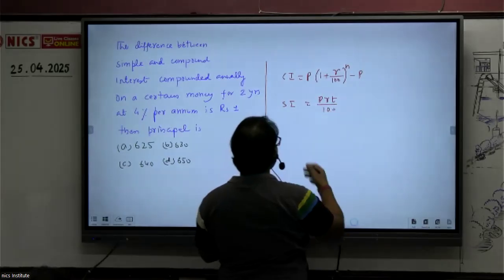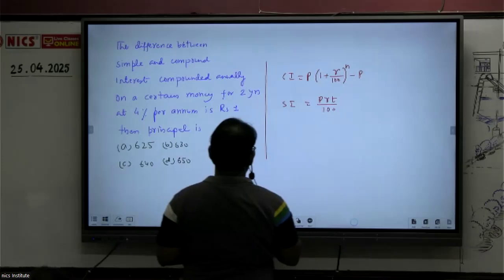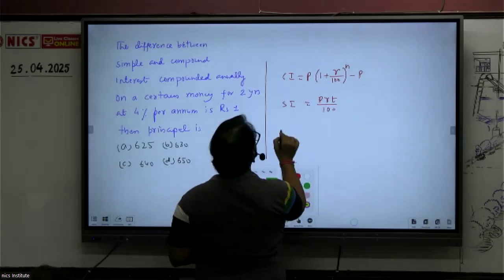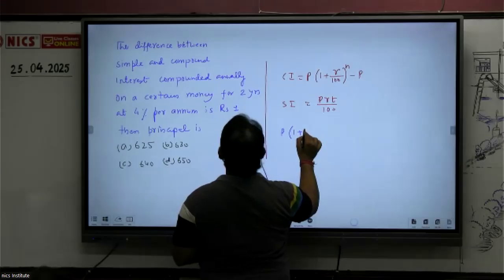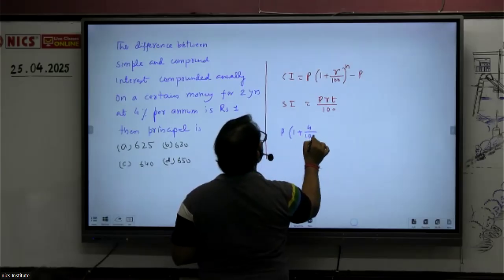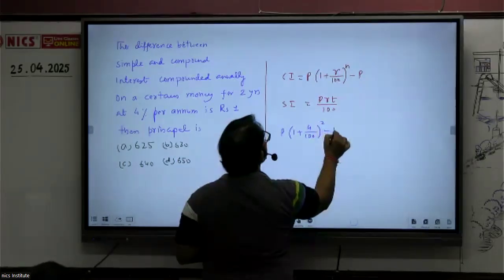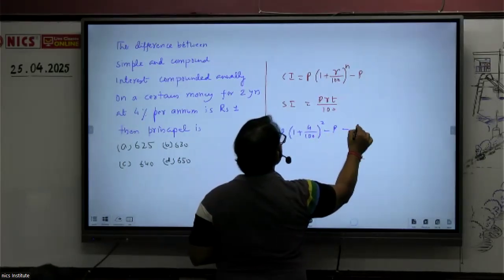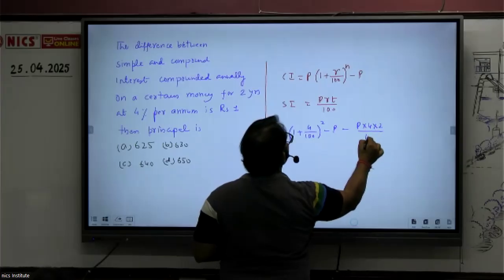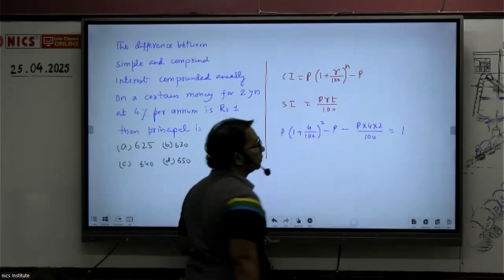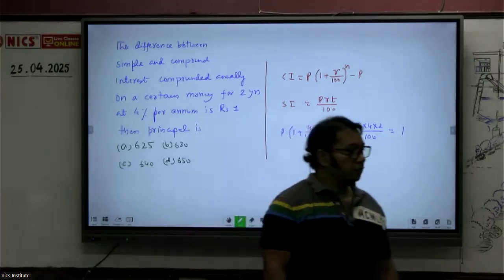So the difference of these two has been given to you. According to the question, we've been given P into 1 plus R, how much? 4%. Whole square minus P minus simple interest, P into 4 into 2 by 100, is rupees 1. So this is the equation.